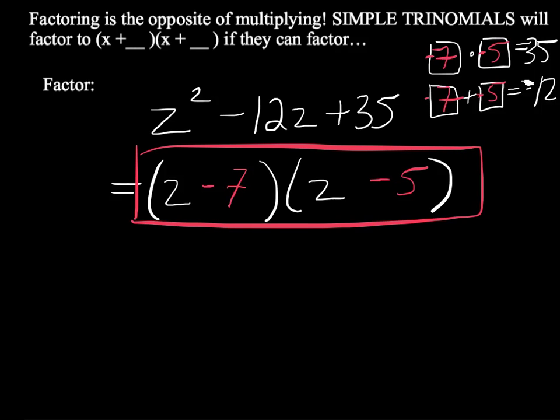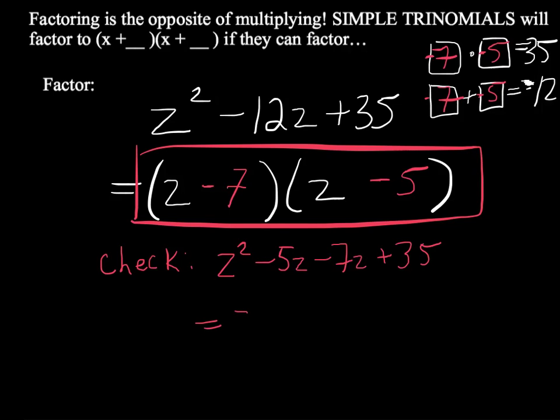And I'm done. We can check this right away. To check it, we multiply it back out. Z times z is z squared. Z times negative 5 is negative 5z. Negative 7 times z is negative 7z. And negative 7 times negative 5 is 35.